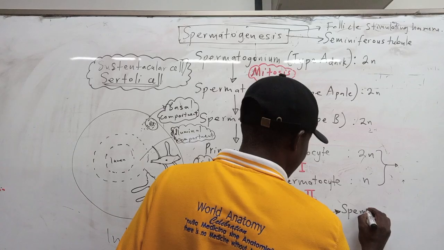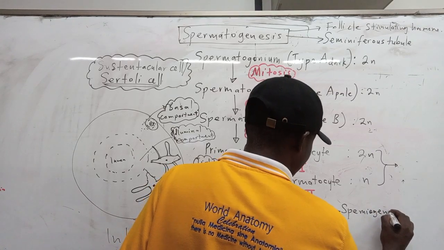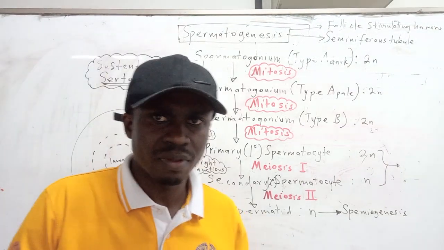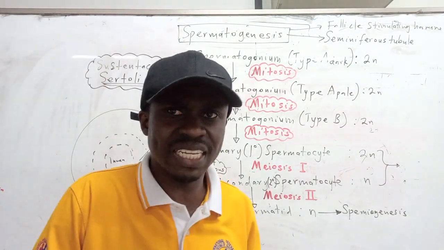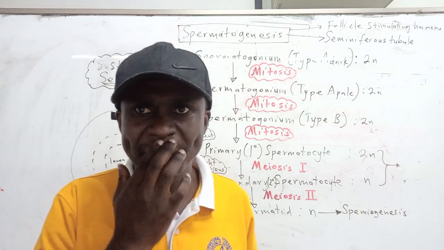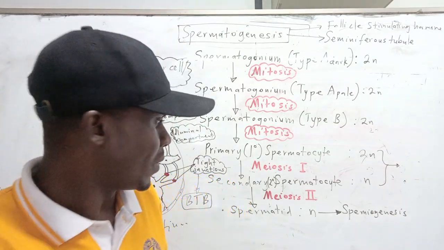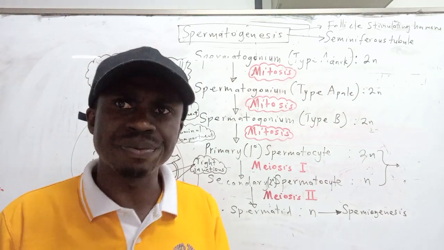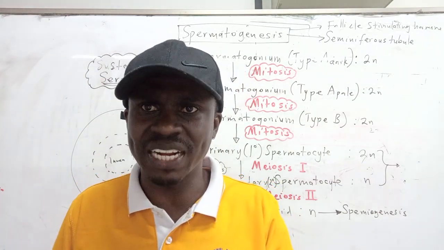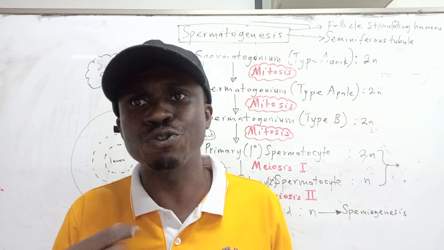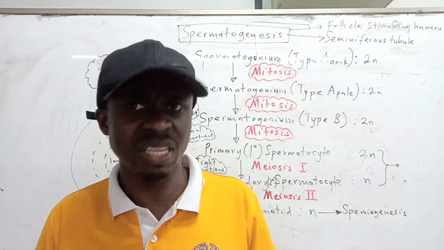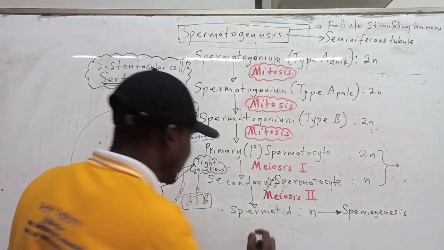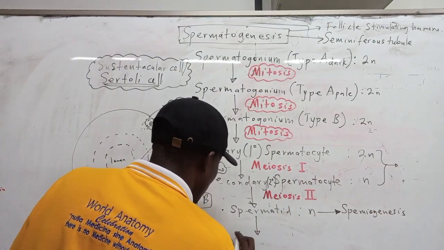The cytodifferentiation, shedding the excess cytoplasm, forming the tail, gaining an acrosomal cap and all that, is what we call spermiogenesis. This time around, the main hormone that is responsible for this spermiogenesis is testosterone. Yes. Now it's undergoing spermiogenesis so that we produce what? So that we produce the functional spermatozoon.